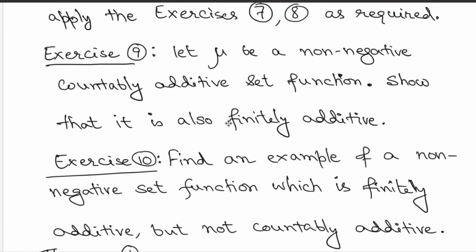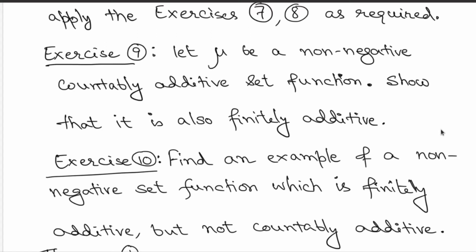Now, as discussed for measures on sigma fields, you can show that a countably additive set function, which is a measure, non-negative of course, is finitely additive. Here you are going to use the fact that the measure of the empty set is 0.